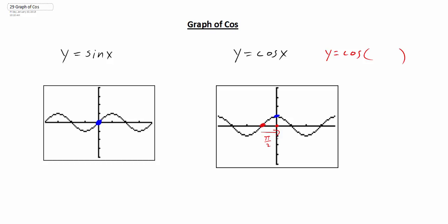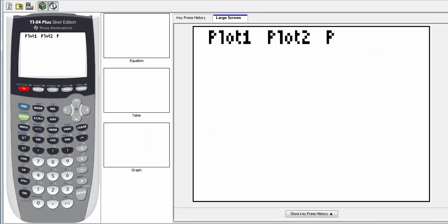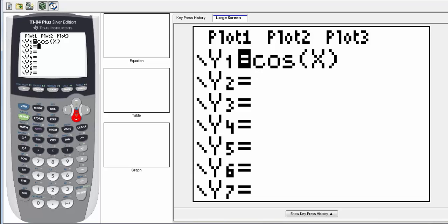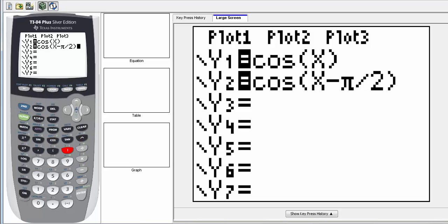If we want to move this pi over 2 to the right, then up here this would become x minus pi over 2. Let's see what happens if we do that. I'll go down here and type in the cosine of x minus pi divided by 2.